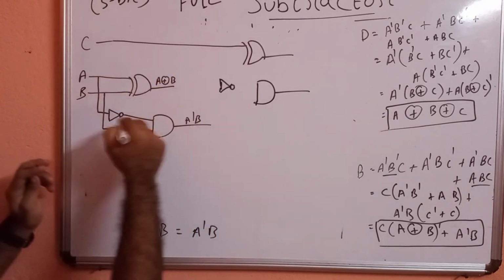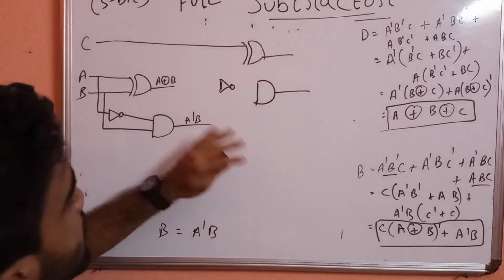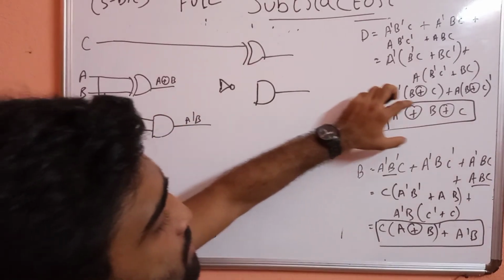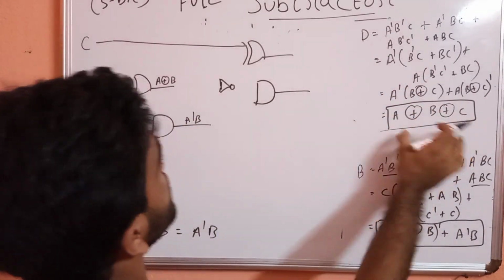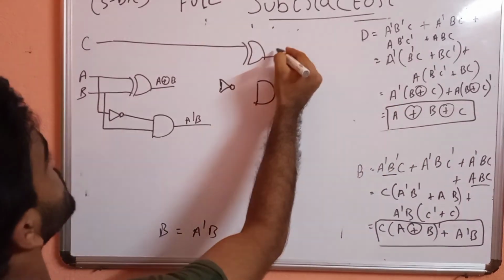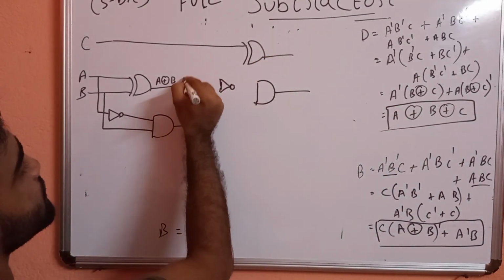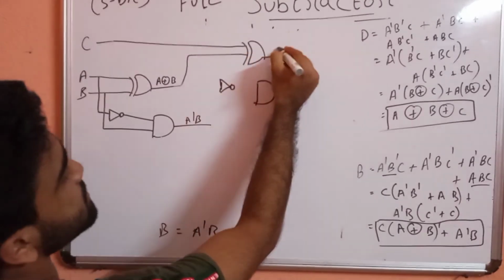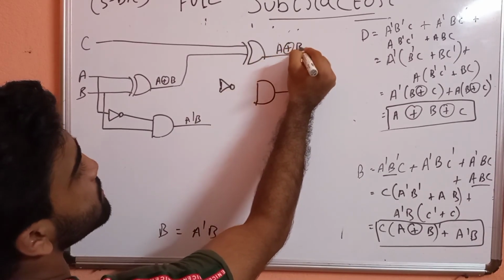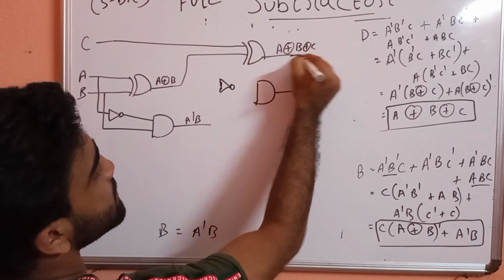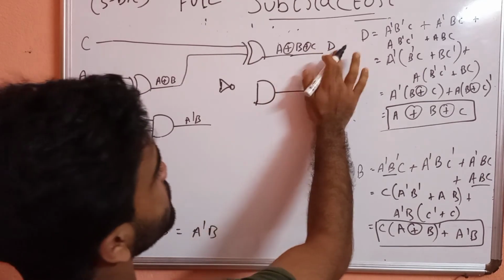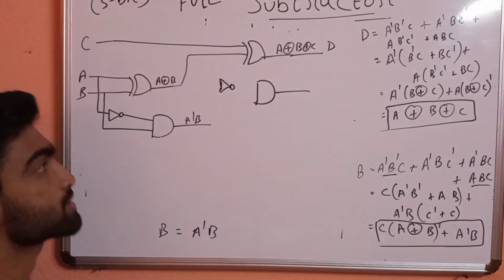This is one half subtractor, and now we have got this. Now we are focusing on the difference, which will be like this: A XOR B XOR C. That means we have got the expression for the difference of the full subtractor.